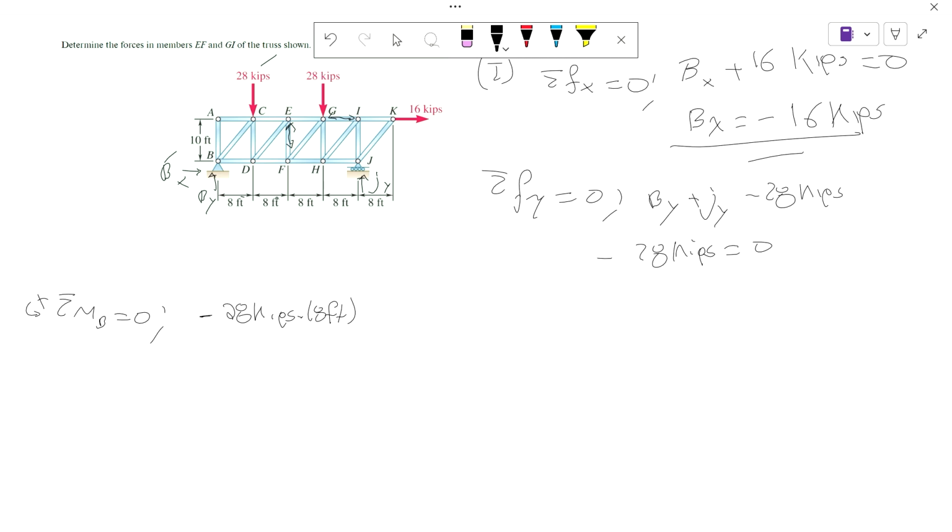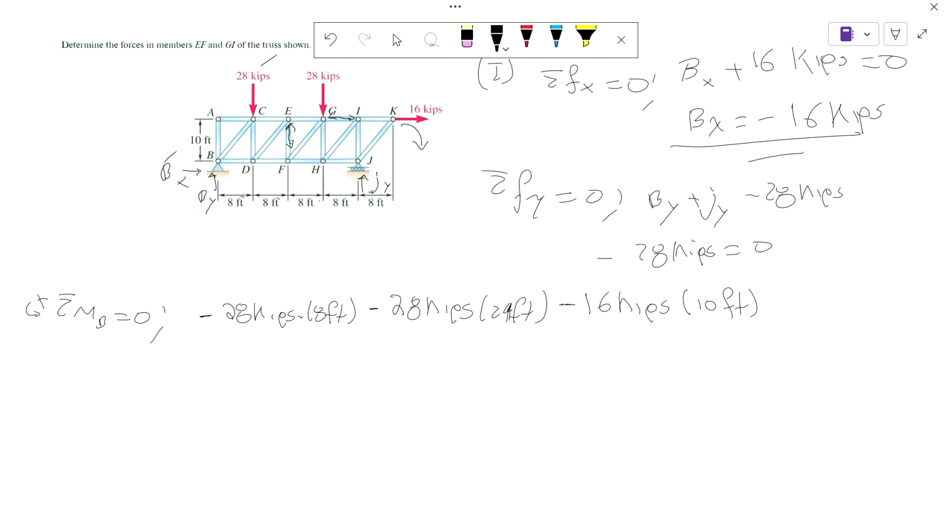So this is 8, 16, 24, minus 28 kilopounds times 24 feet. This is going to be clockwise, minus 16 kilopounds times 10 feet, because the perpendicular distance is this guy.